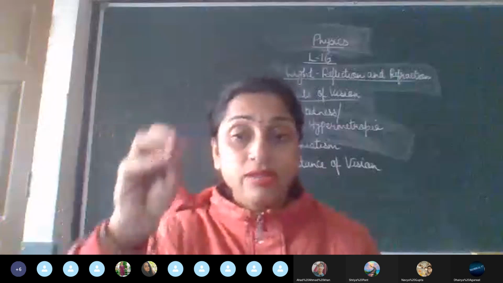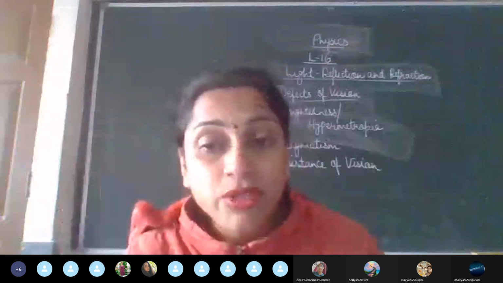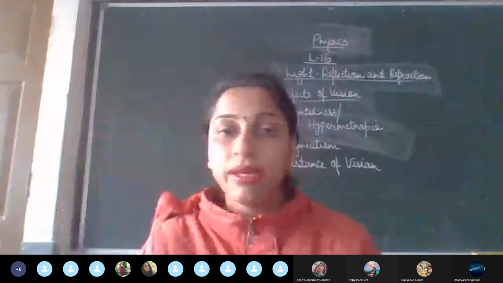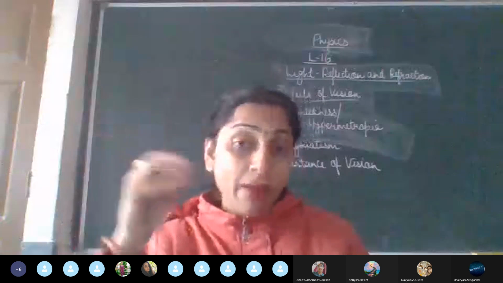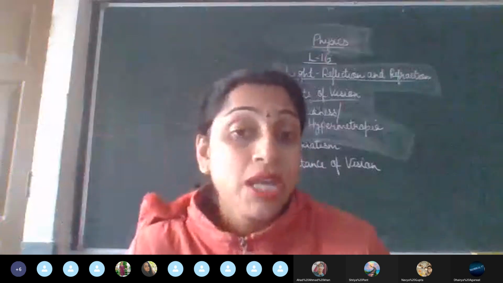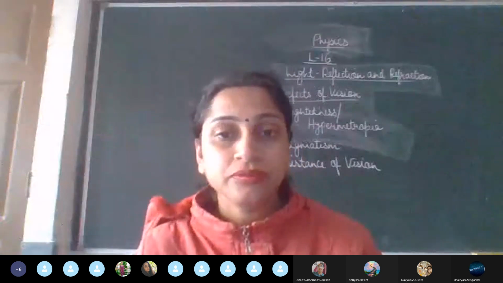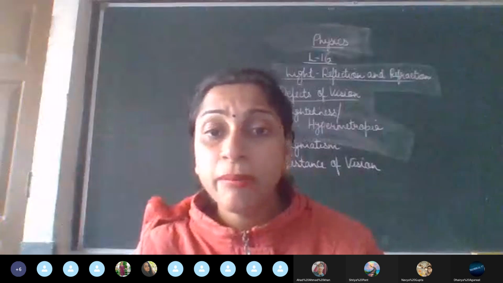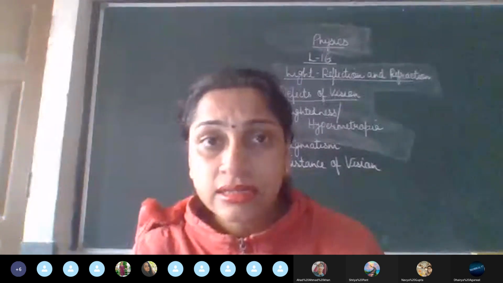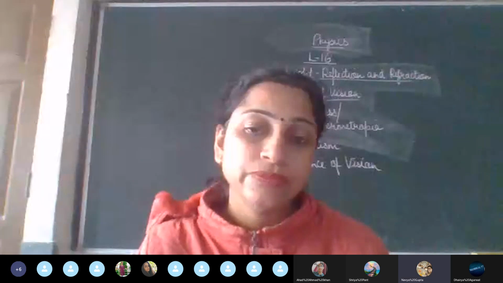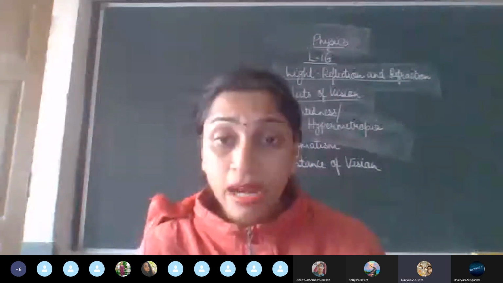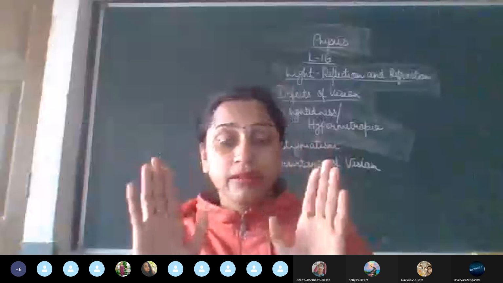When it is scattered, how will the vision be? If the sharp image is not being formed, which type of image will be formed, children? It will be blur, isn't it? Yes, ma'am. It will be a blur image. That means the image will not be clear.